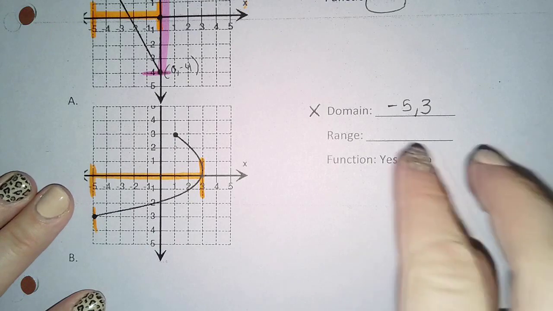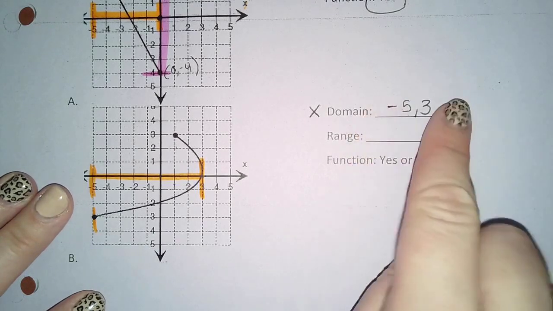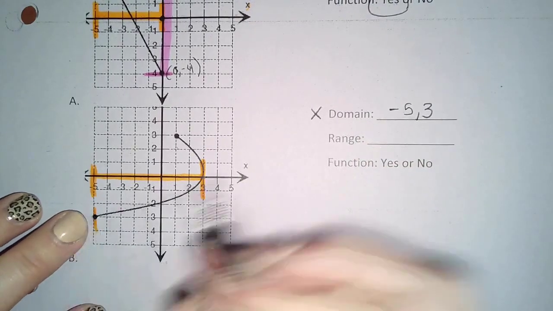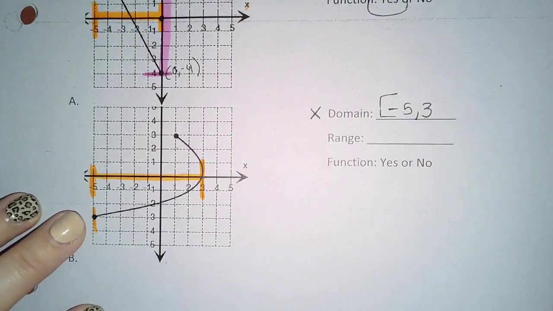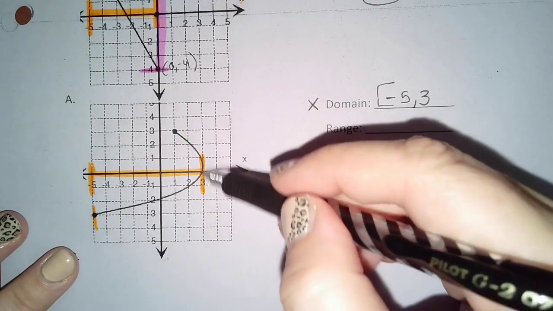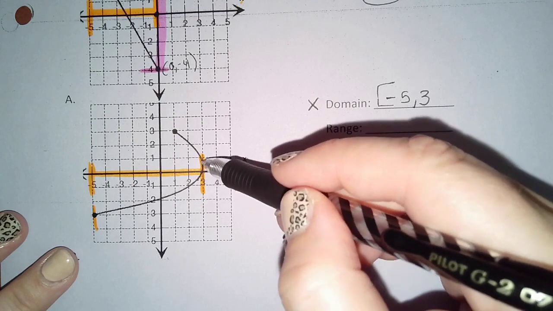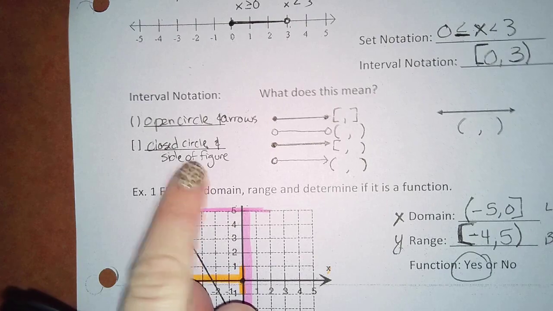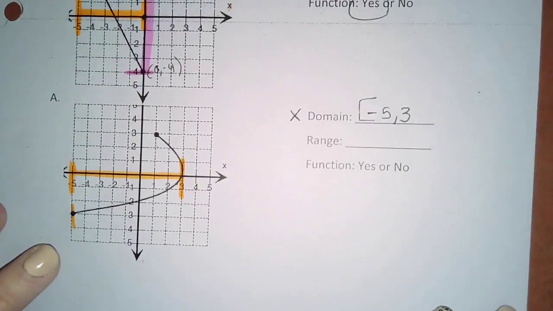Now we have to figure out what kind of symbol to put on each side. So for the -5, it's a closed dot, so closed bracket, or we can call those braces. And for the 3, it's the side of the figure, so these are all like a bunch of closed dots. So remember, for a side of the figure up here, we used a closed bracket.